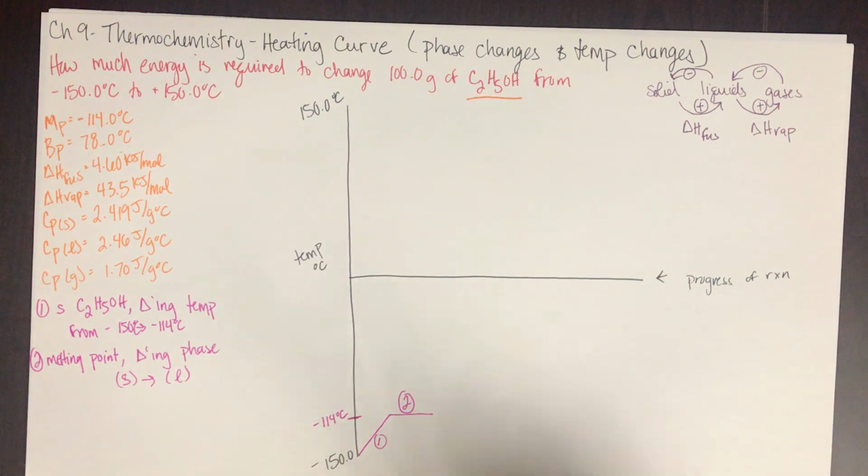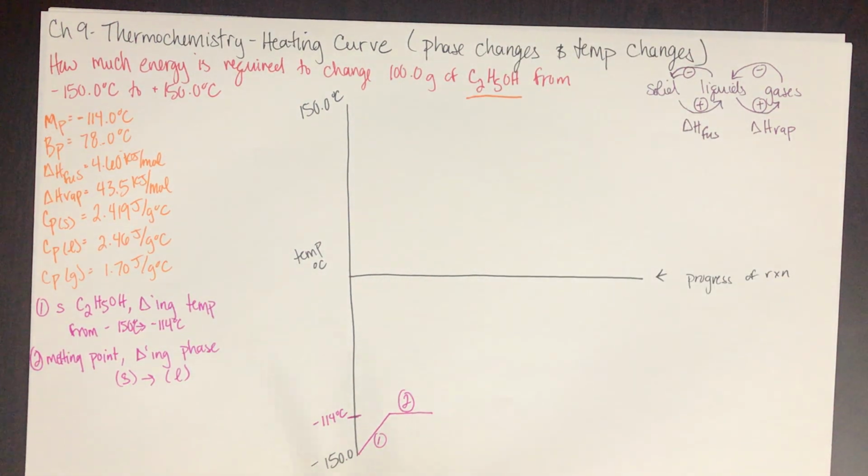So remember we said you cannot change phase and change temperature at the same time. So in this first step, we'll do calculations for each of these steps as we go. In this first step, we're only calculating the amount of energy it takes to change the temperature. At the second step, we're only calculating the amount of energy it takes to change the phase. We're not changing the temperature while we're changing the phase.